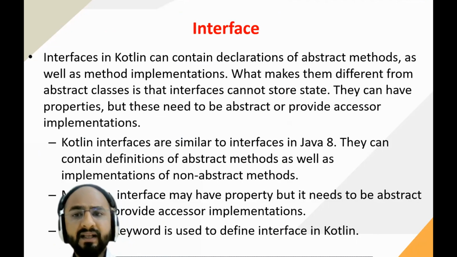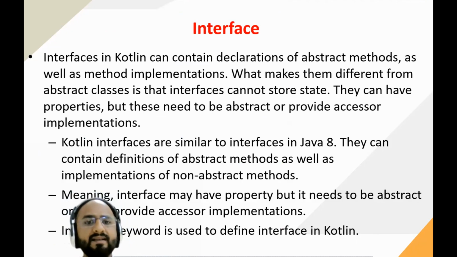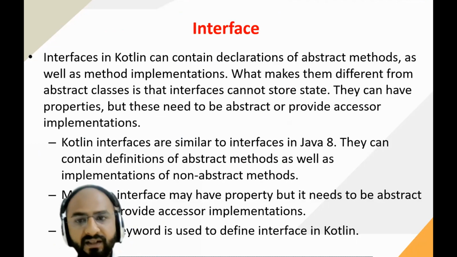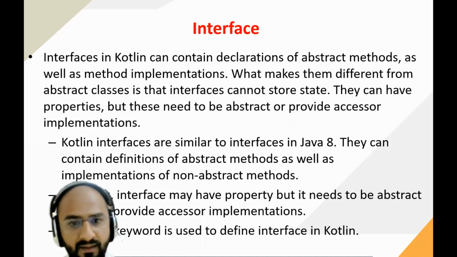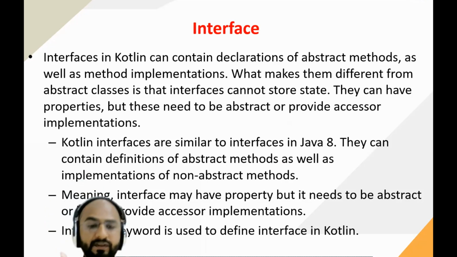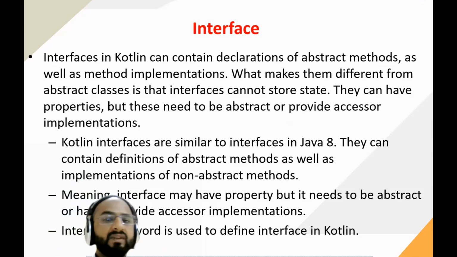An interface in Kotlin can contain declarations of abstract methods as well as method implementations. So in the interface, there will be abstract methods and method implementations also. What makes the difference between the abstract class and the interface? An interface cannot store state. The abstract class can store the state, but the interface cannot. They can have properties, but these need to be abstract or provide an accessor implementation.